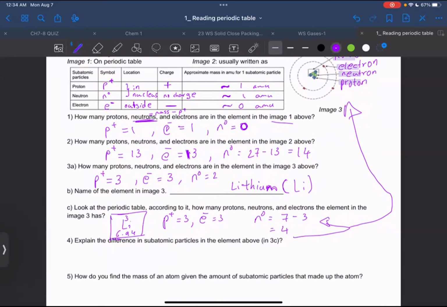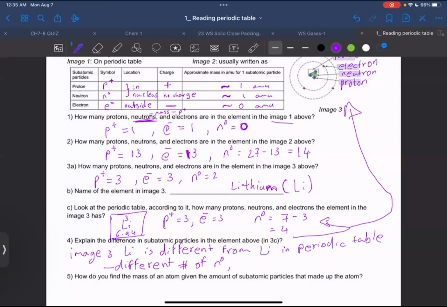You will see that the lithium in image 3 is different from lithium in the periodic table, and the main thing is a different number of neutrons, different mass.